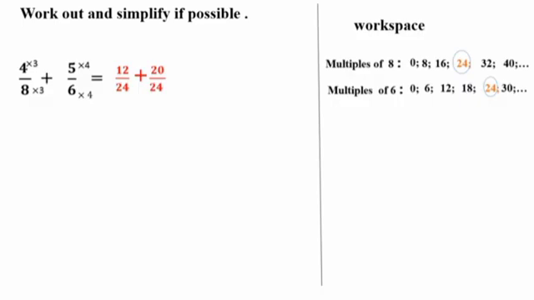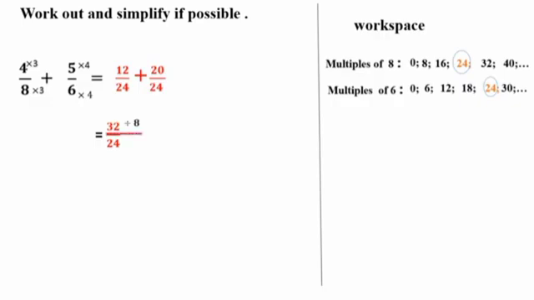Now we have the same denominator, so we can start the operation by adding the two numerators. The answer will be 12 plus 20 is equal to 32 over 24. But we have to reduce it. We can divide 32 and 24 by the same number, so we can divide them by 8.